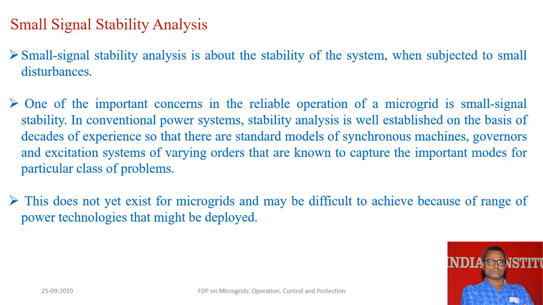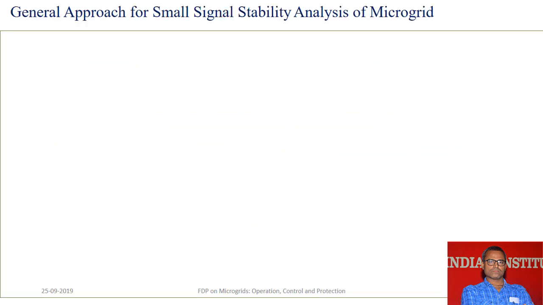Many technologies are being connected and integrated, along with storage systems. So it is difficult to model the microgrid exactly, and the standard model is still not available. For power systems, the standard models you'll find in the IEEE standard. But till now, for microgrid structure, we don't have any standard model for different technologies, right? Therefore it is still an area where people are working.